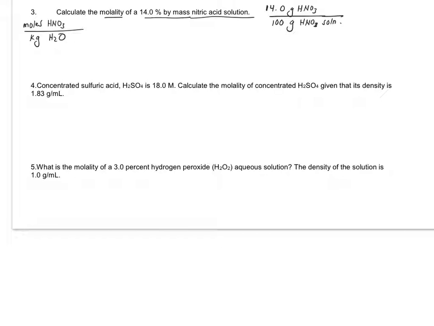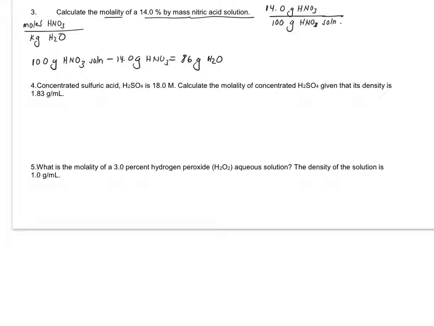If we know we have 14 grams of nitric acid and 100 grams of solution, if we subtract the two, we'll get the amount of solvent. So that will be 86 grams of water in our solution.